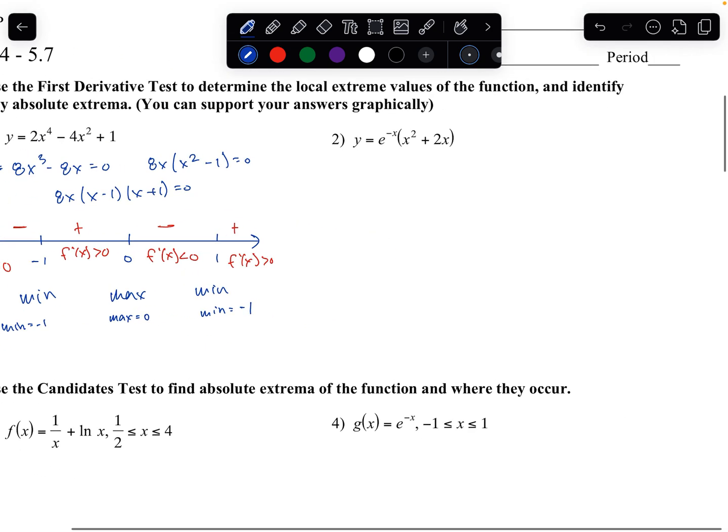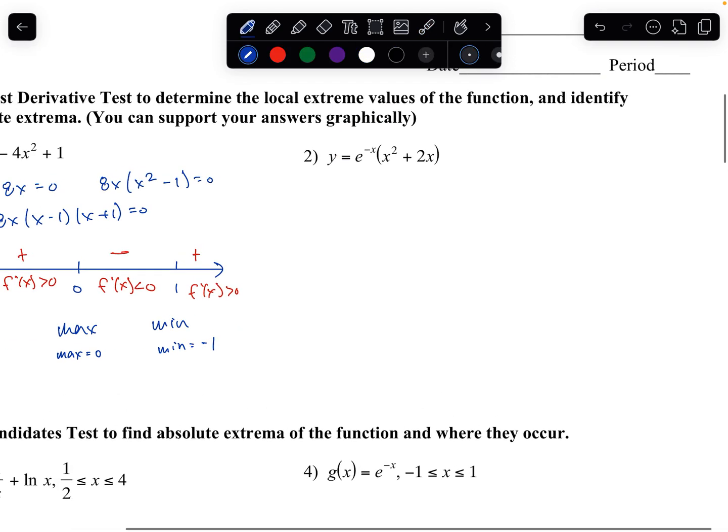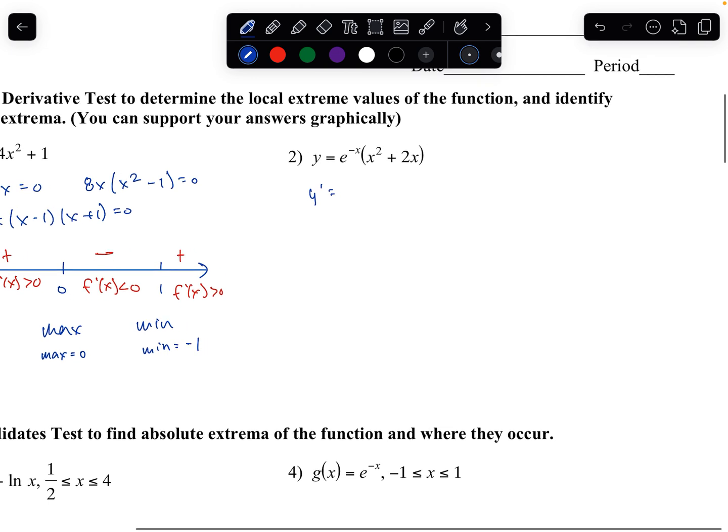Alright, now for this one right here, might be a little bit different, but same process. So we'll say y prime is equal to, this is going to require the product rule, so we'll do the first times the derivative of the second plus the derivative of the first, which is going to be negative e to the negative x. So I'll do minus e to the negative x, and then times the second.